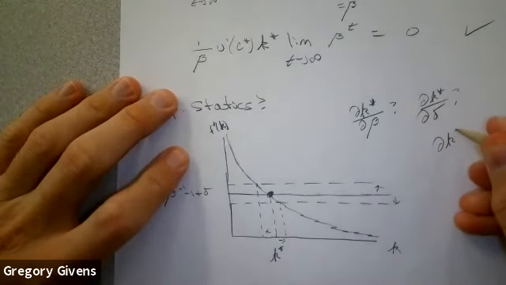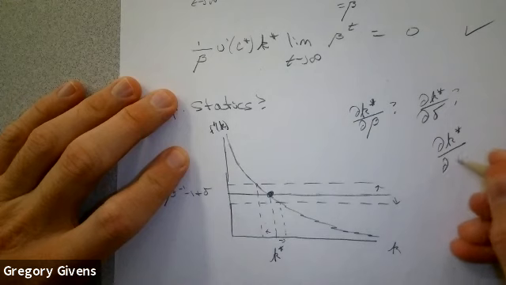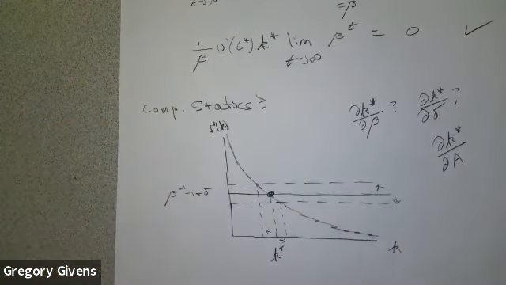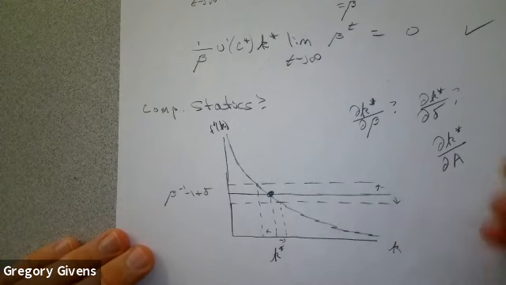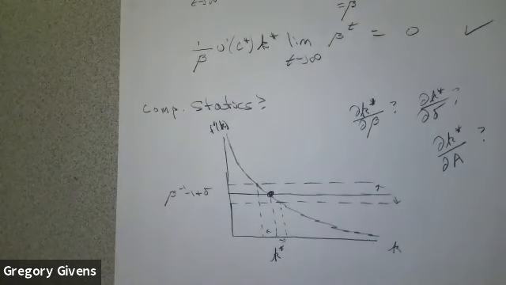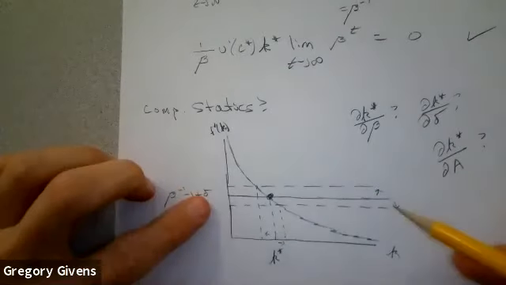What if I ask you, let's suppose we reinsert this technology parameter A back into the production function. What would happen if there's an improvement in productivity? How would that affect the steady state value of capital, you think? We should increase K star, right?